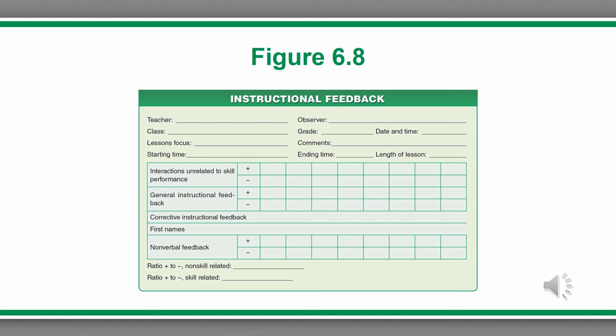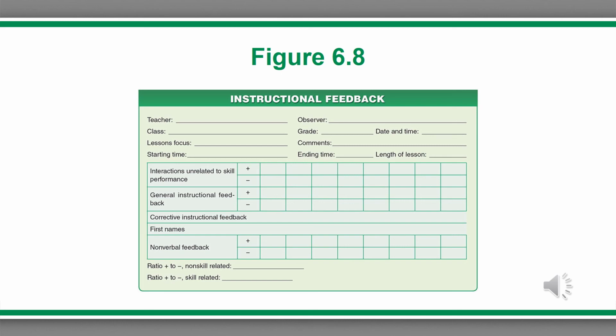Notice they have interactions unrelated to skill performance. Praise and criticism? Praise would be a positive thing. Criticism would be a negative. General instruction feedback, we talked about that, general or specific. Then we talked about corrective feedback. So pick one and watch the whole video and do it, and then come back and do the others.